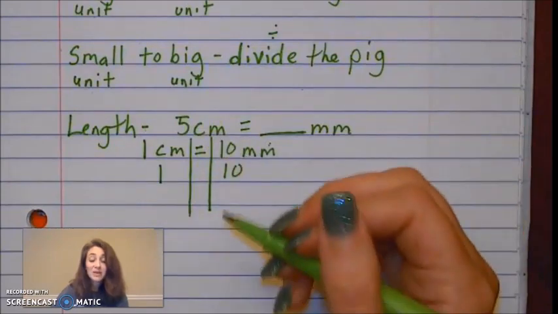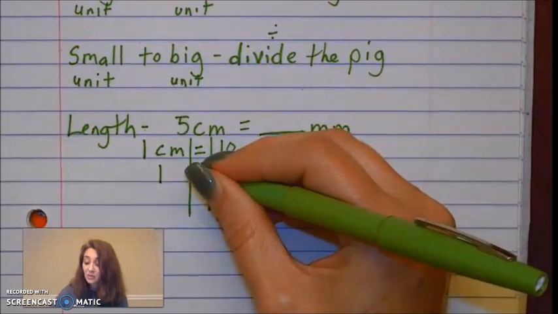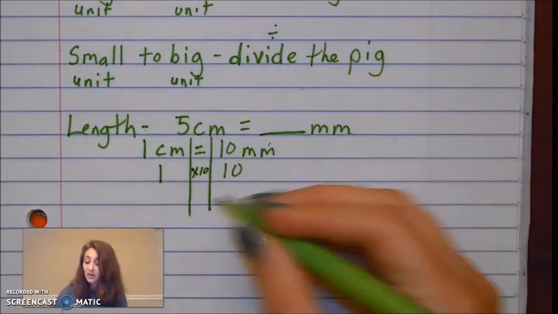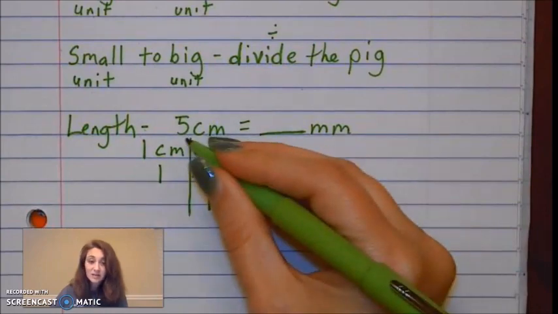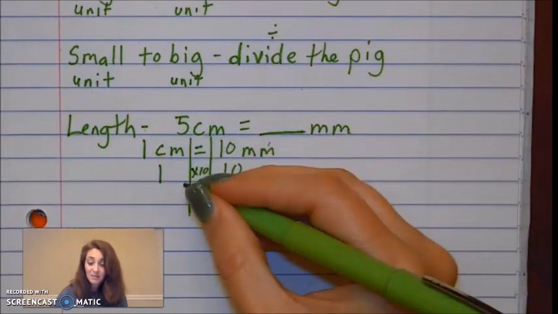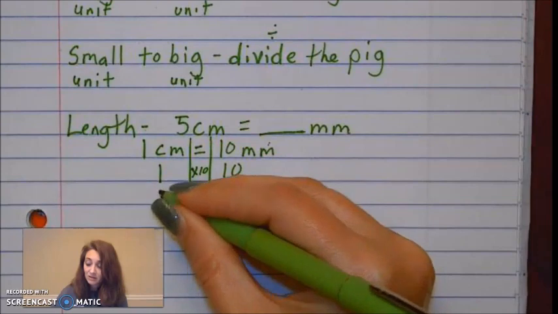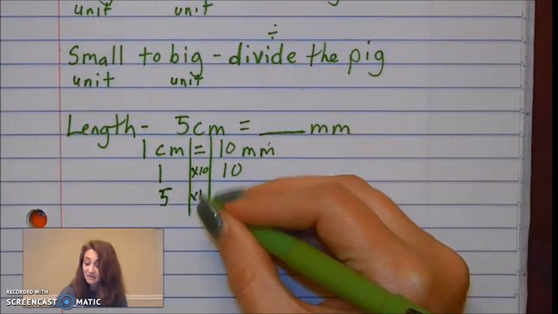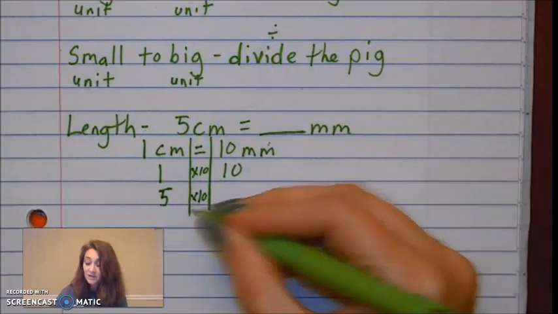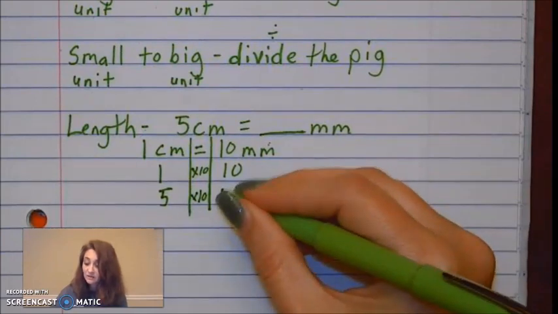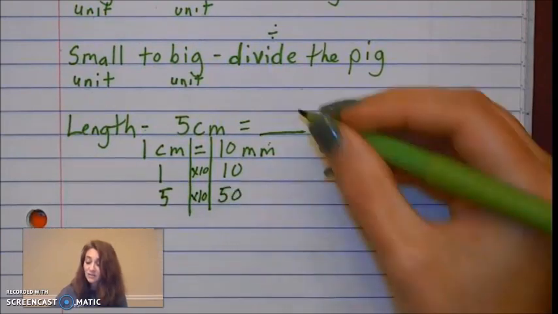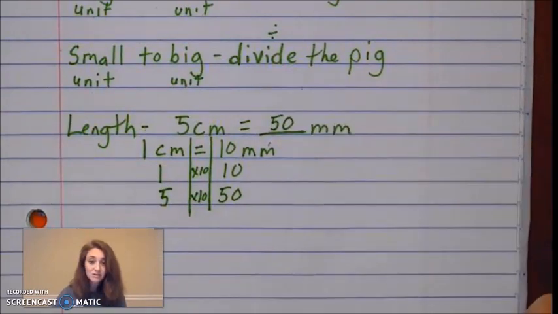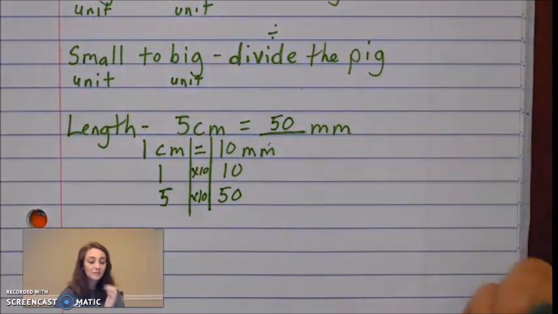So we're going from big to small. We're going to multiply. 1 times 10 equals 10. So all I have to do is put my given, my input, into my table, and use my rule, times 10. 5 times 10 equals 50. So we have 50 millimeters. Okay, let's do another one.